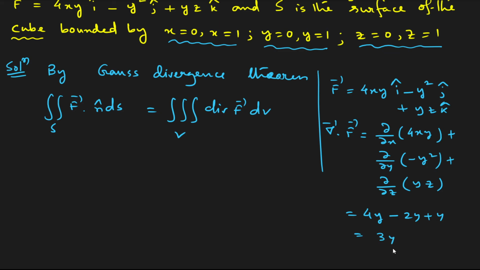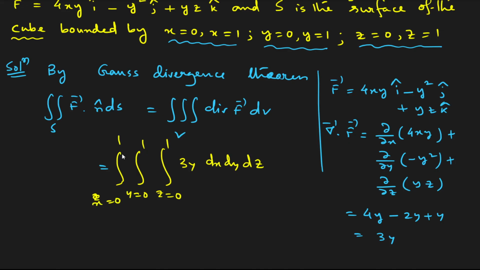So how much is it? 3y. This is very simple. Now the limit of x, then the limit of y and the limit of z we have to put, and the divergence of F bar gives 3y dx dy dz. The limit of z is 0 to 1, the limit of y is also 0 to 1, and the limit of x is also 0 to 1.